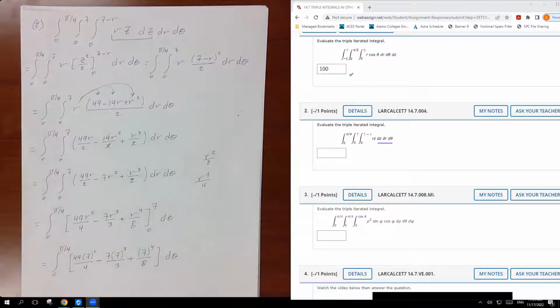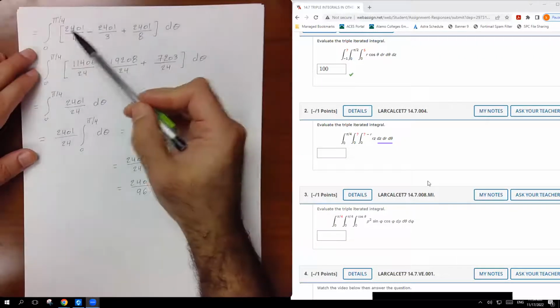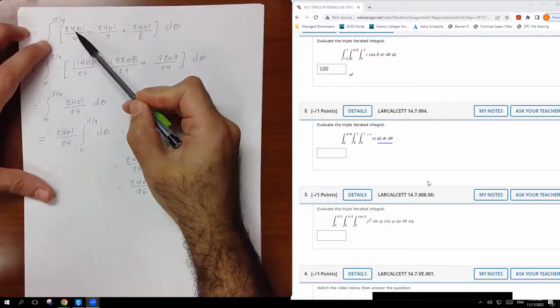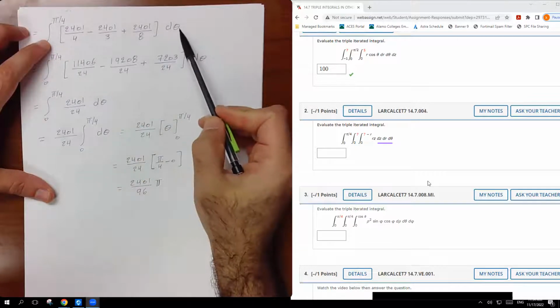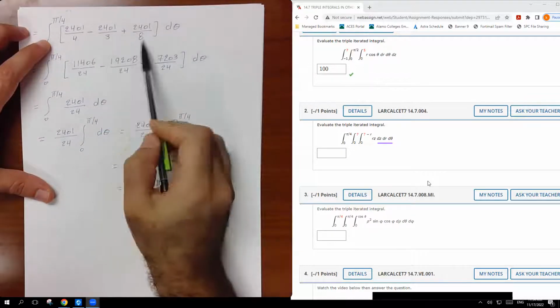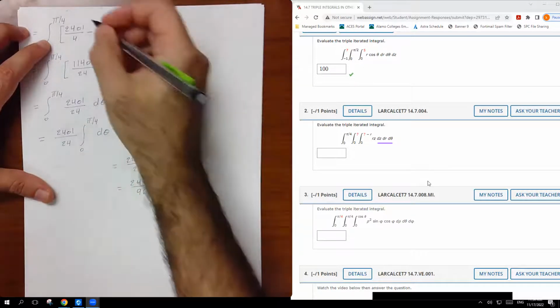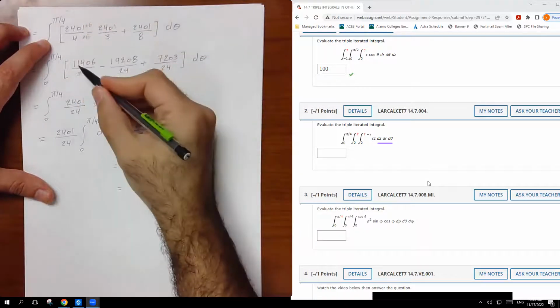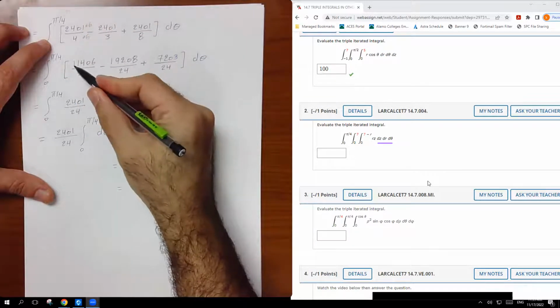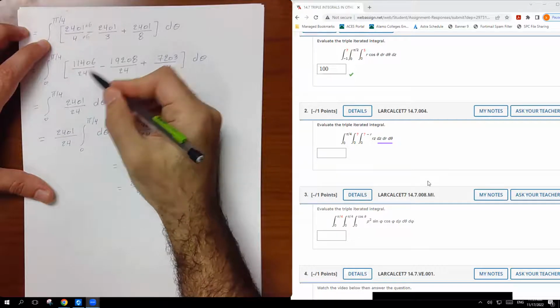So we have to simplify this one now. This one is going to be 2,401. The same thing here, with d theta. Find the common denominator: multiply this one by 6 and this one by 6. So it's going to be 11,406 over 24.